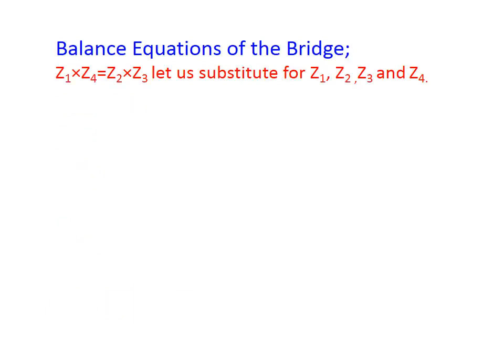Let us substitute the expressions for Z1, Z2, Z3 and Z4 in the equation Z1 Z4 equal to Z2 Z3. After substitution, we get R1 plus j omega L1 multiplied by R4 upon 1 plus j omega C4 R4 equal to R2 into R3.